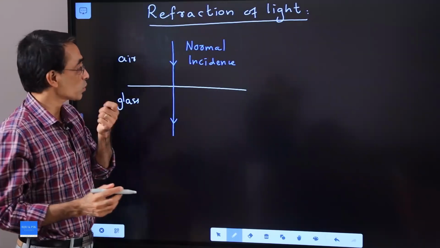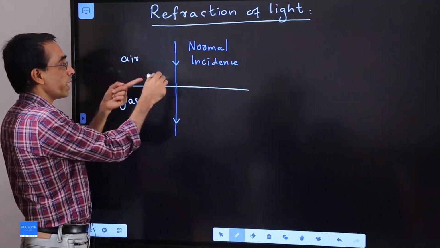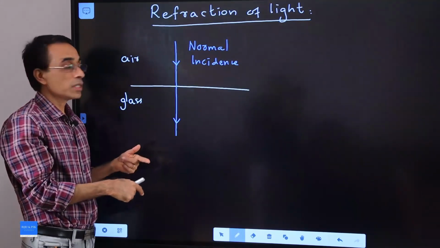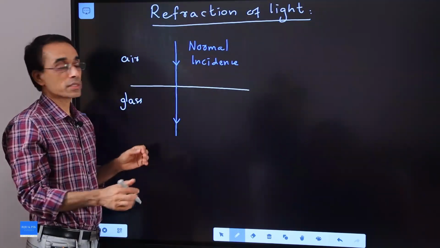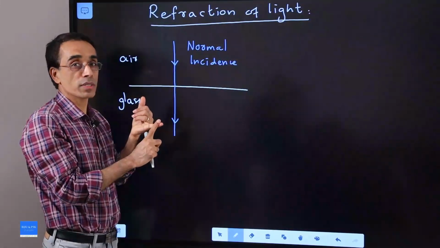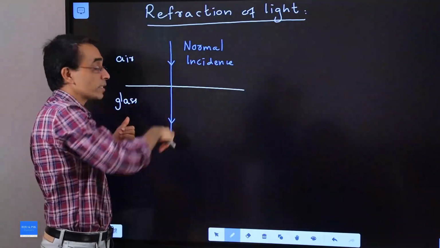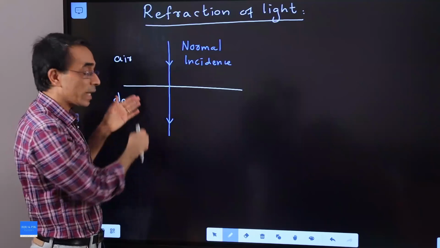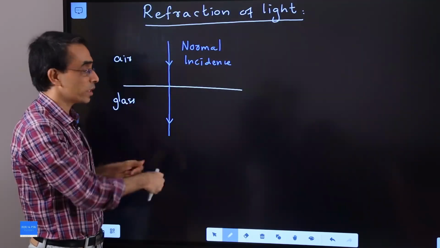But there is some change. What is that? The speed of light in air is more than the speed of light in glass. Other than that, there is no change. The frequency will not change, direction will not change, but the speed will change and wavelength will change. Speed will decrease, wavelength will also decrease.